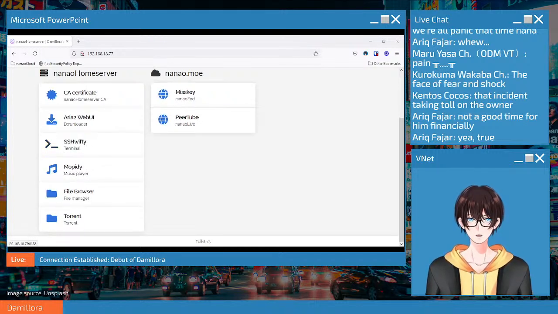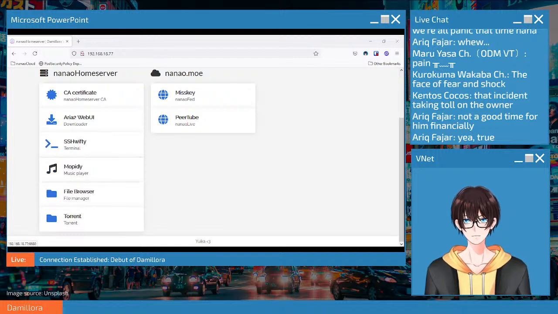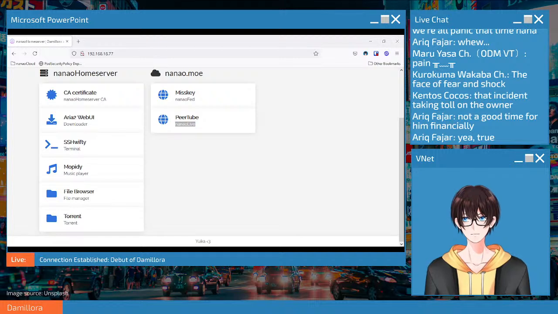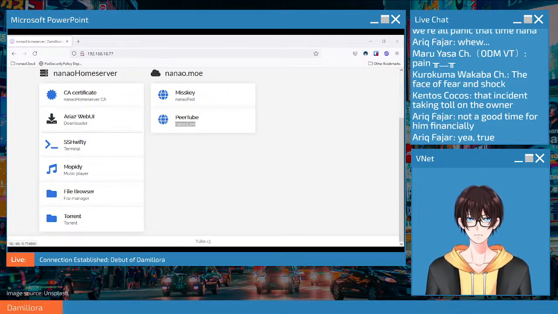There are a lot of uses for this, but the ones I primarily use are the downloader, torrent, and music player. Because I switch operating systems a lot, having this on the Raspberry Pi is really helpful because it allows me to play just about anything while my computer is restarting, so it's really neat. And the downloader and torrent are so that I can download things while my computer's not on.